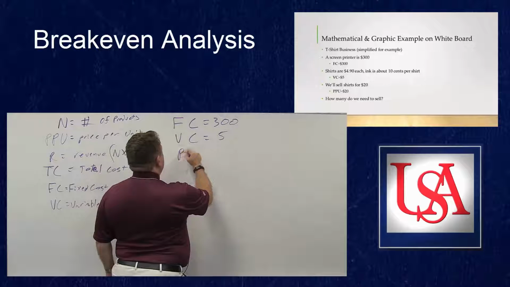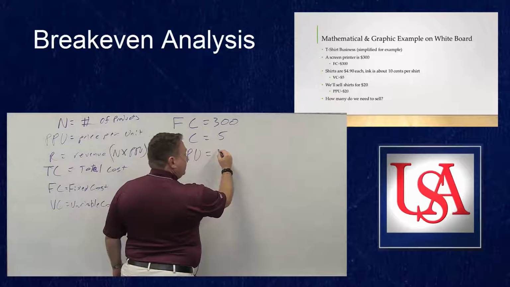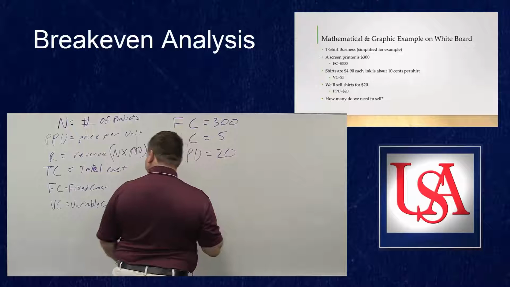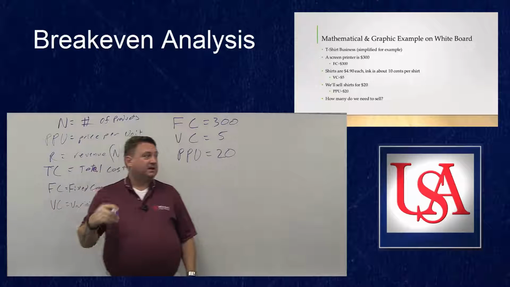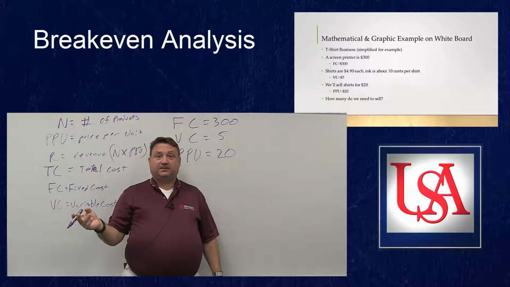So that makes our price per unit equal to $20. And then the question is, how many shirts do we need to sell?